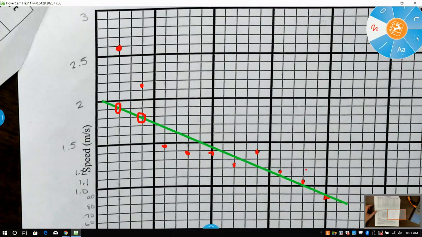So we use lines of best fit like that to help predict potential problems or potential questions. If we stopped at this data point and didn't do those last 2, we could have predicted that the last 2 would have been somewhere around here and here.